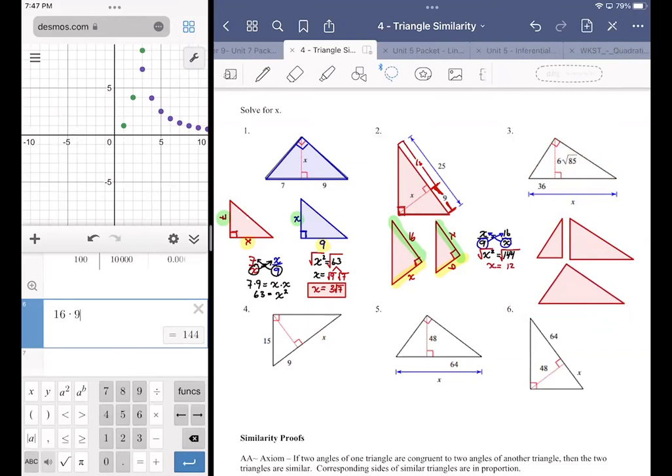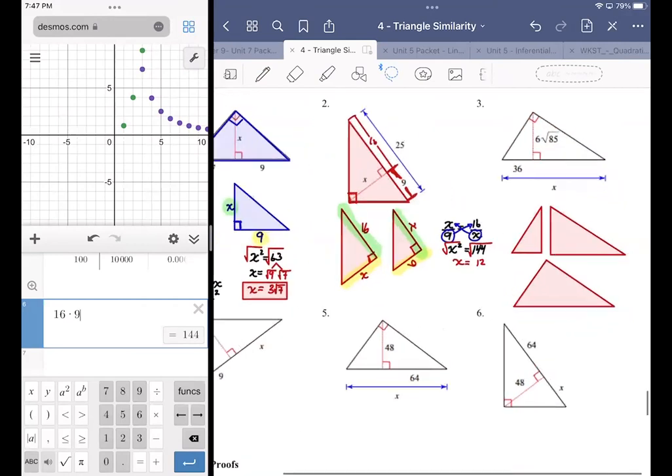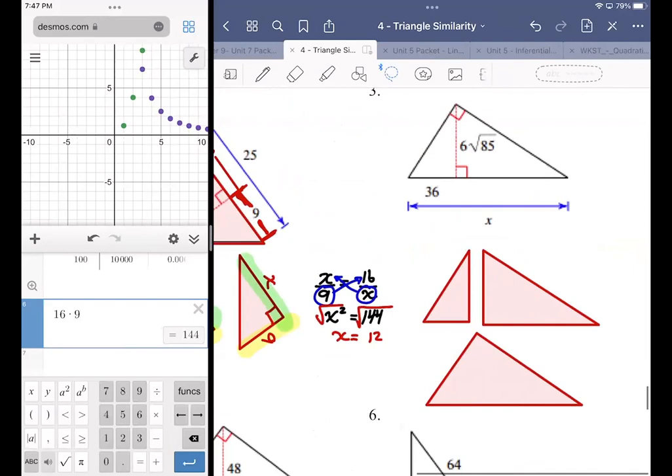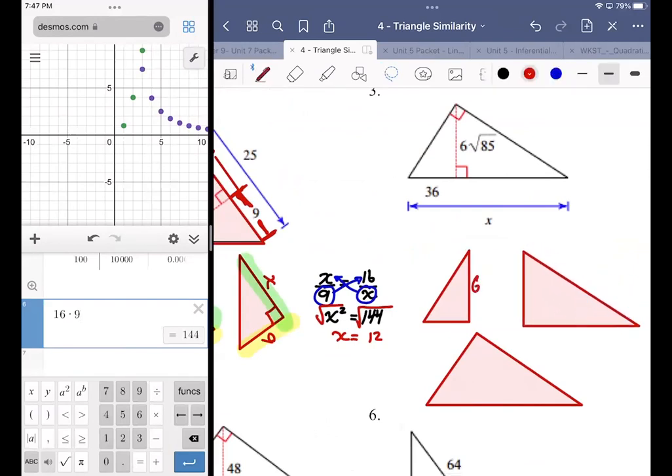Right. So your first step is to try to figure out what's relevant. That 6 radical 85 is not 100% clear, but that's supposed to be the vertical. And that's this side here. So each one of these 2 line segments is 6 radical 85.